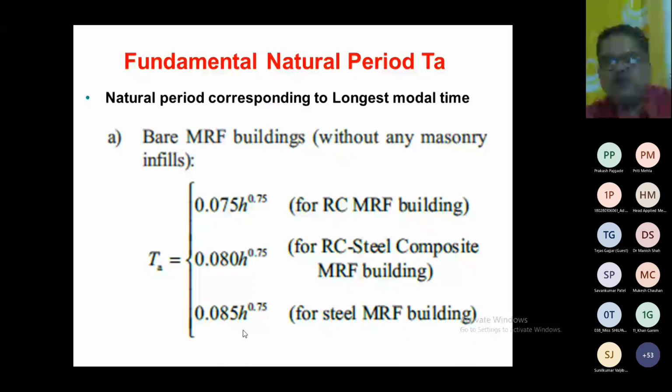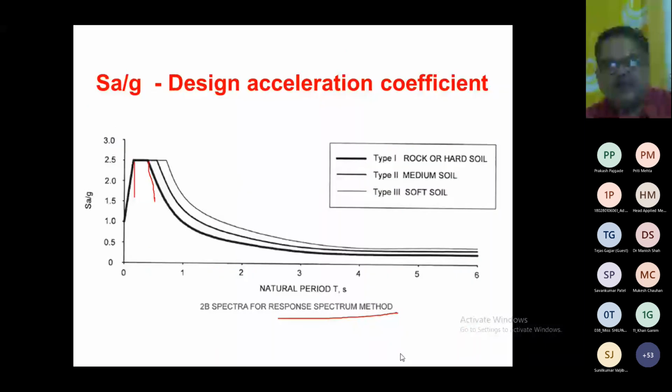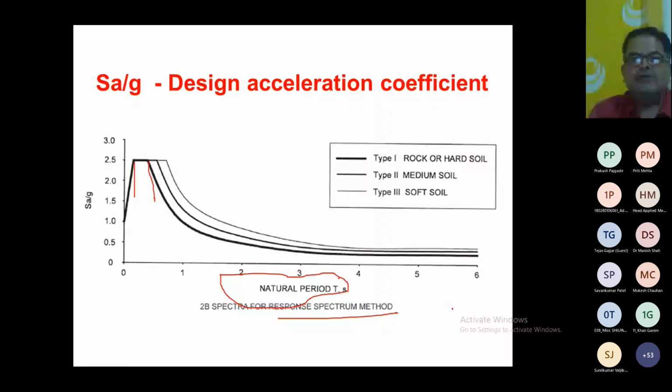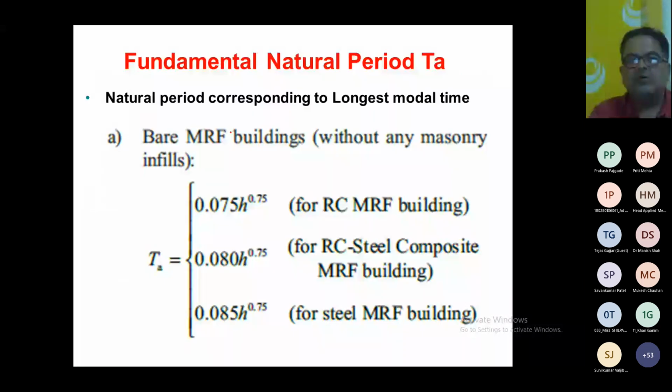Now what you need, how can you get this Sa by g? What you need is the natural period of the building. Now how can you find out the natural period? The equation is given in the code. If it is a bare moment resisting frame without masonry infills, then the natural period can be calculated like this: 0.075 H raised to 0.75, right?